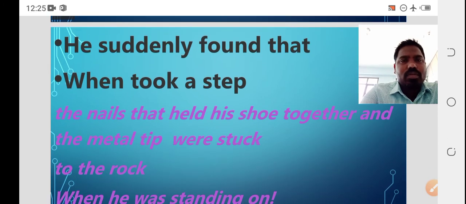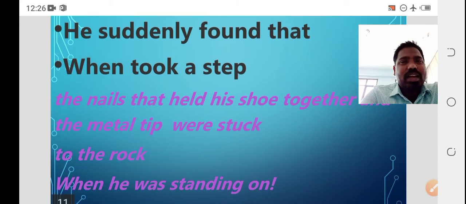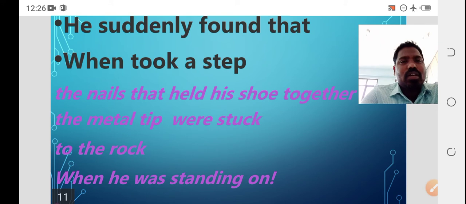When he took a step, the nails that held his shoe together and the metal tip were stuck to the rock. The shoe had a metal strip, because in those days they used metal shoes to protect their feet while tending sheep. So when he took a step forward, the nails that held his shoe together and the metal tip were stuck to the rock.